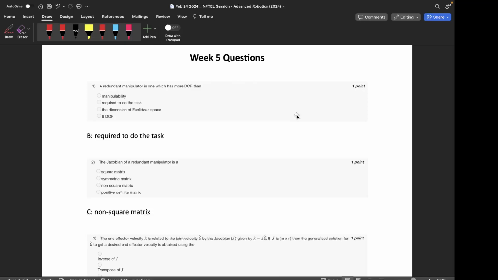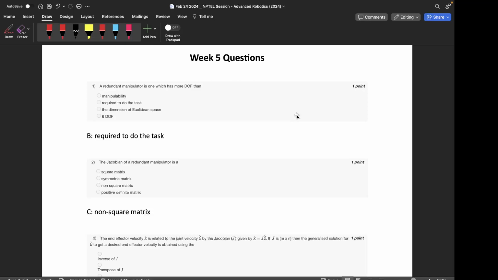So anything that is above the bare minimum that is required to do the task is redundancy, right? So in terms of manipulators, if the number of links is greater than the number of degrees of freedom of the task space, then the manipulator is said to be redundant.